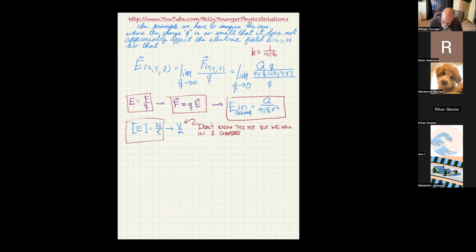So now that we have that, I want to show you something. Let's draw a coordinate system. This is going to be my x-axis, this is going to be my y-axis, and this is going to be my z-axis.